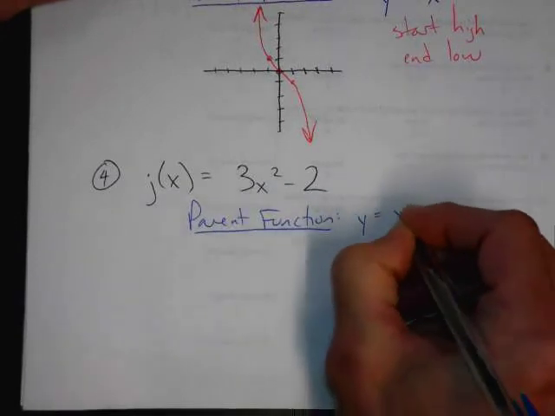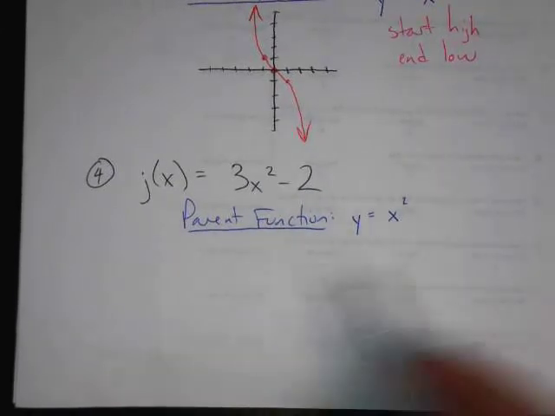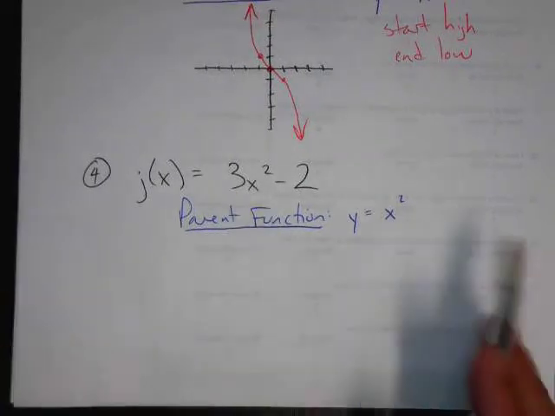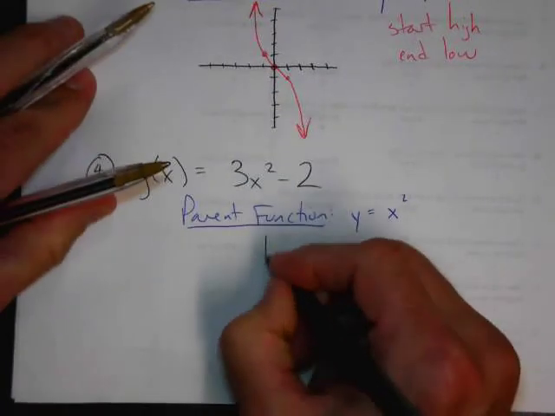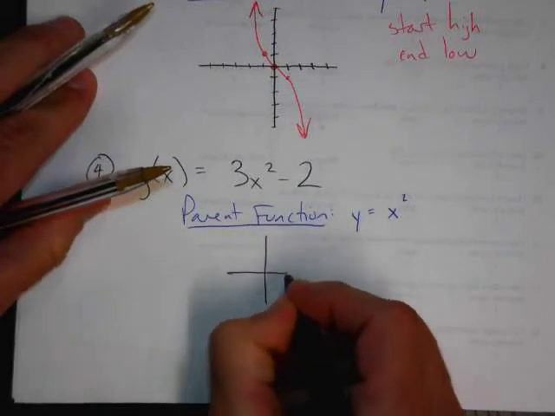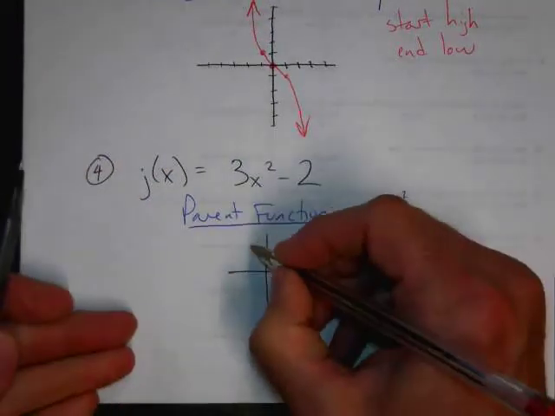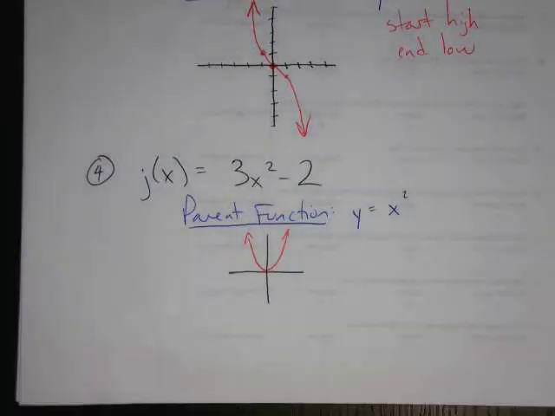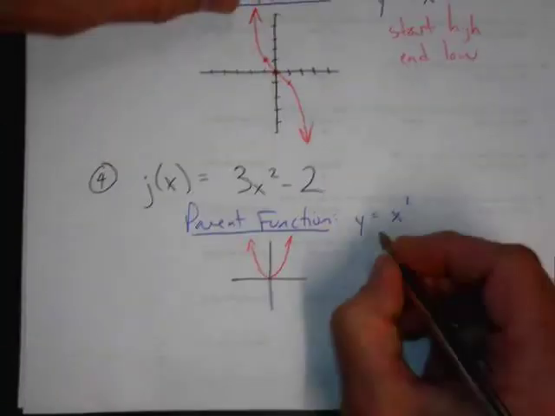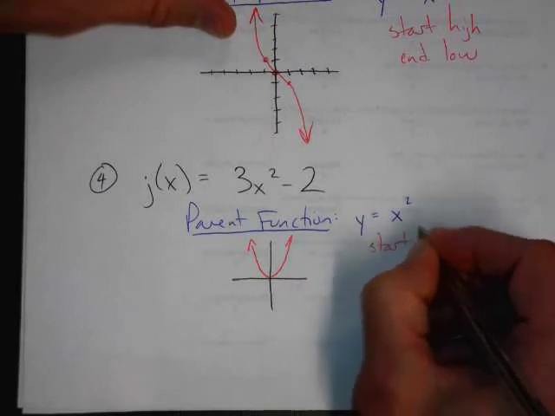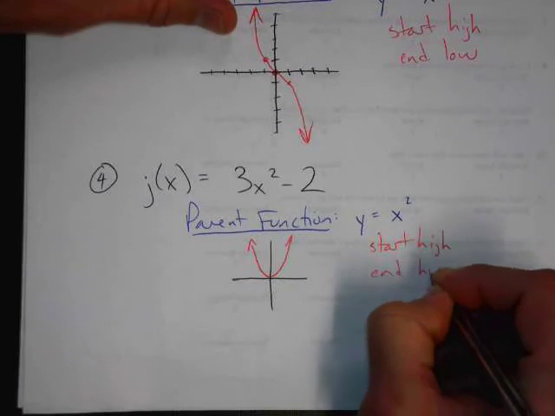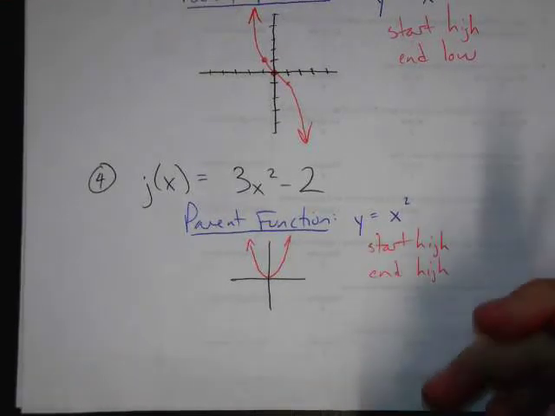And in this case, it's y equals x to the second power. Okay, so what is that going to look like? This is positive. If you recall, y equals x to the second power is a parabola opening up, which means it's going to start high and end high. So we're going to come in high and we're going to come out high. That's the parent function.